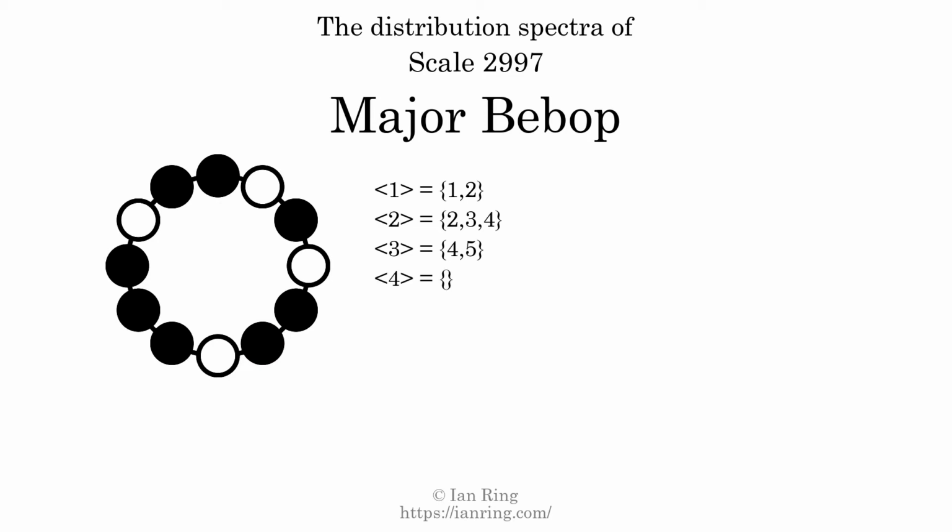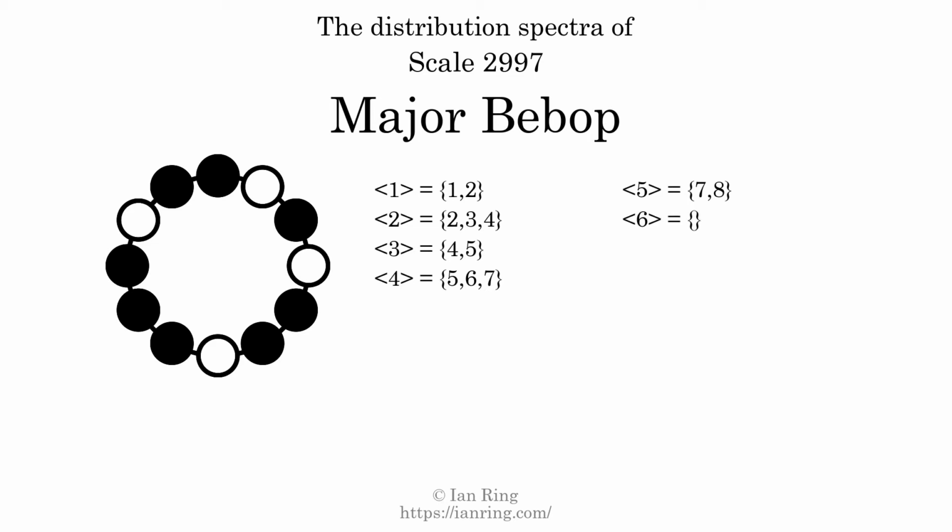The generic interval of 4 scale steps comes in 3 different specific interval sizes, 5 semitones, 6 semitones, and 7 semitones. The spectrum width of this generic interval is 2. The generic interval of 5 scale steps comes in two different specific interval sizes, 7 semitones and 8 semitones. The spectrum width of this generic interval is 1.